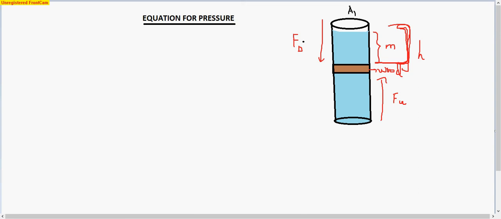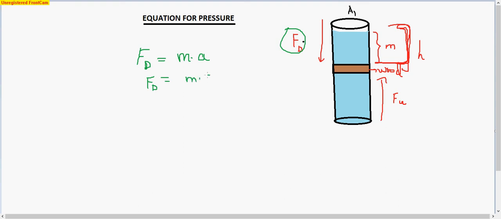Now let me write something. What is Fd? As you know, according to Newton's law, force is equal to m a, mass and acceleration. Now here, in our case, what is m? We have simply put it as m itself.